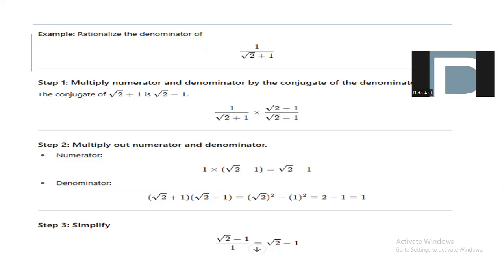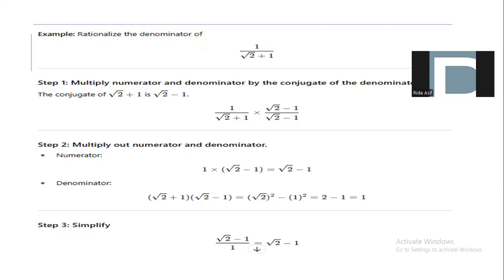So students, by multiplying and dividing by its conjugate, in step number 2 in the numerator, 1 is multiplied with root 2 minus 1. We get the answer root 2 minus 1. And what about the denominator? Here we have root 2 plus 1 times root 2 minus 1.